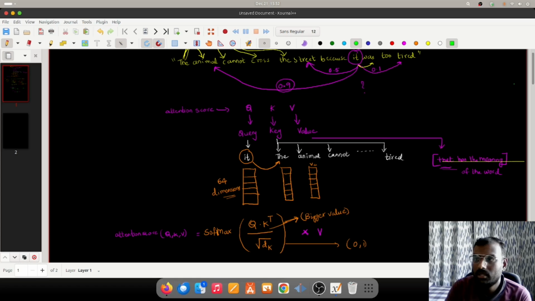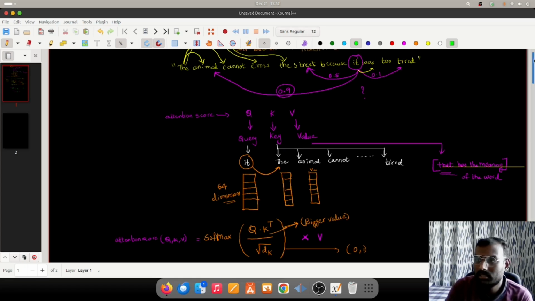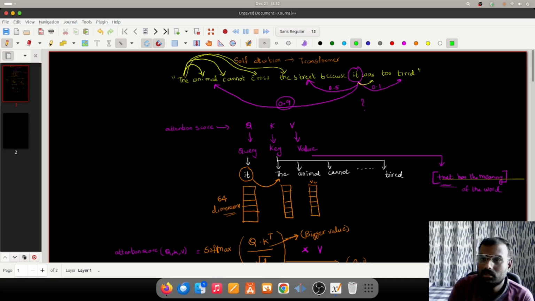Same here. If we examine this sentence, it is going to refer to animal. That means it is a living being, so the score should be a stronger value. And street is something concrete, a material that cannot be a living being.